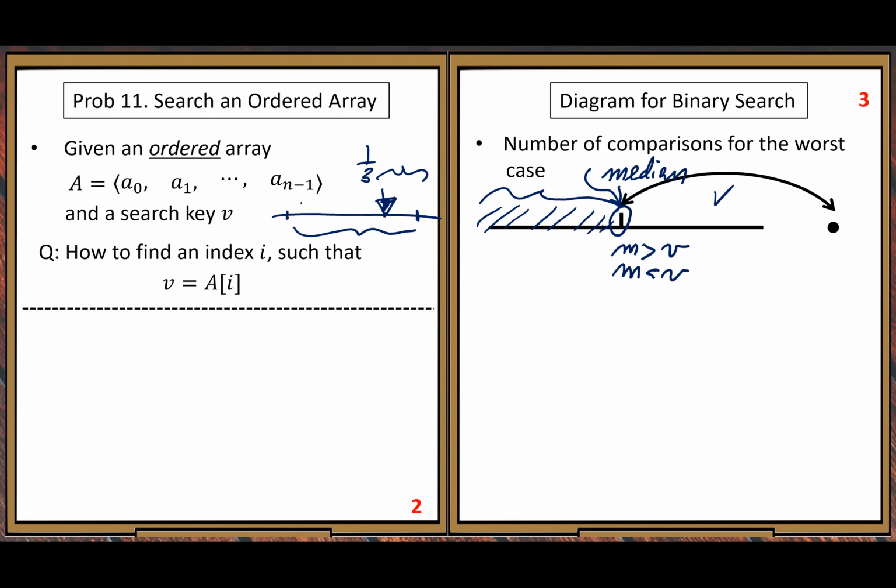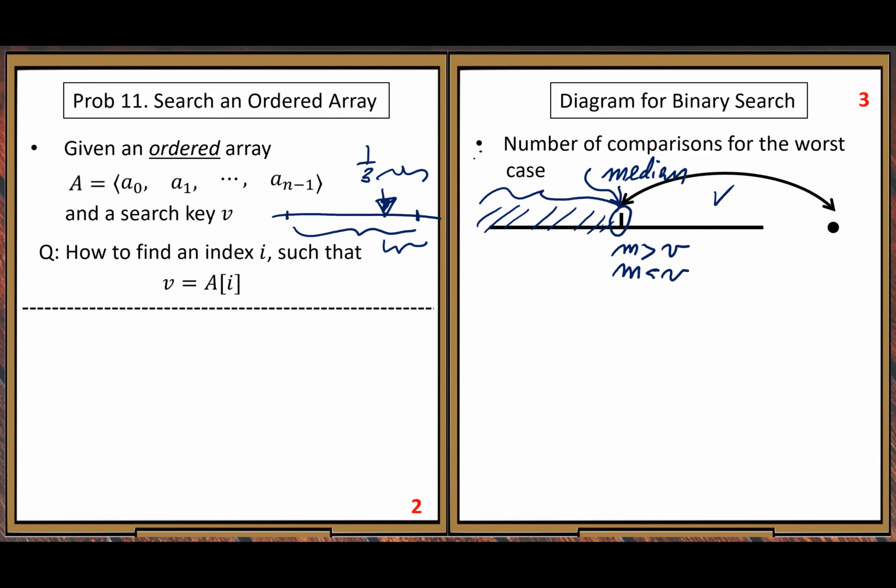Although you have a chance to drop the bigger subarray, you have another chance to drop the smaller subarray, and you have a smaller chance to drop it. That means you drop 1/3 of the original problem size. That reduction is slower than 1/2 of the problem size.